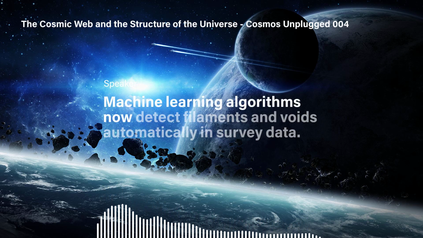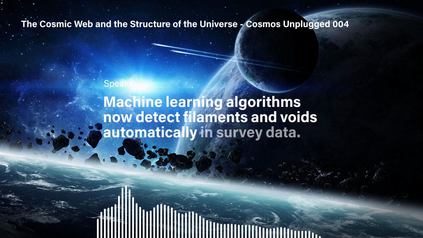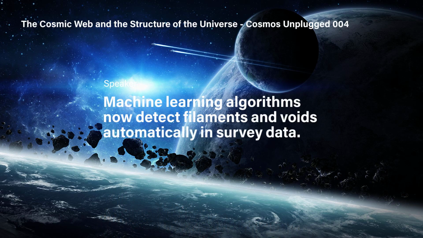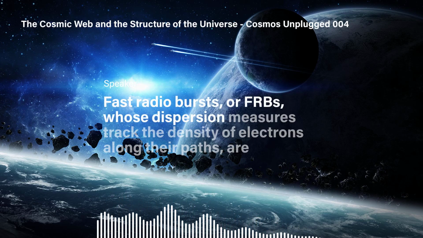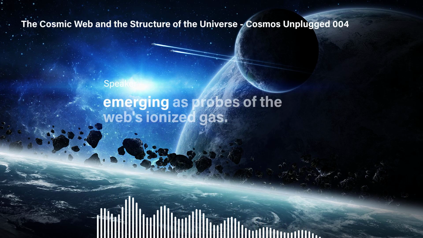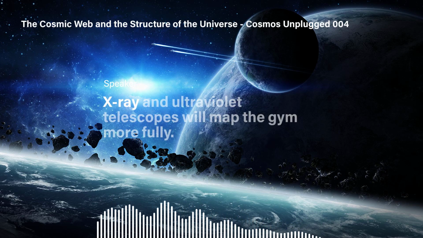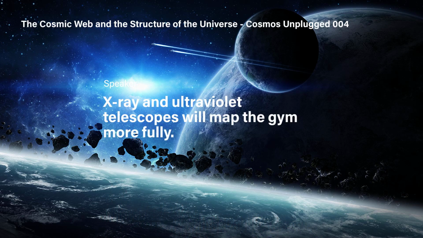Machine learning algorithms now detect filaments and voids automatically in survey data. Fast radio bursts, FRBs, whose dispersion measures track the density of electrons along their paths, are emerging as probes of the web's ionized gas. X-ray and ultraviolet telescopes will map the WHIM more fully.